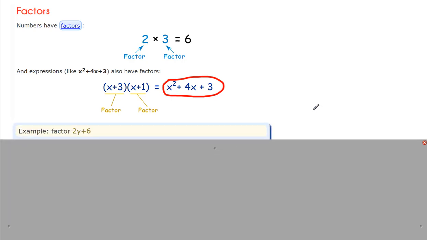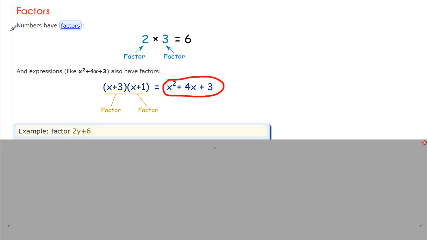So let's have a look first at 2y plus 6. Okay, what I want to do is I want to change this expression by pulling out the greatest common factor, so the factor that's the biggest for 2y and for 6.